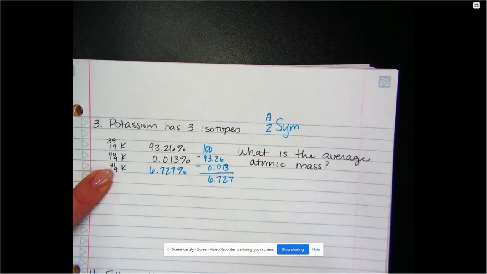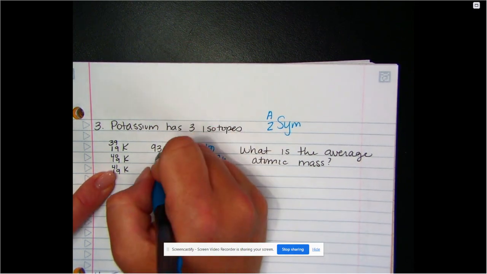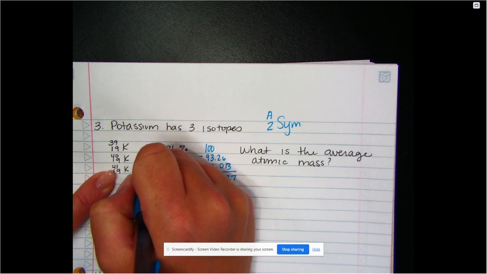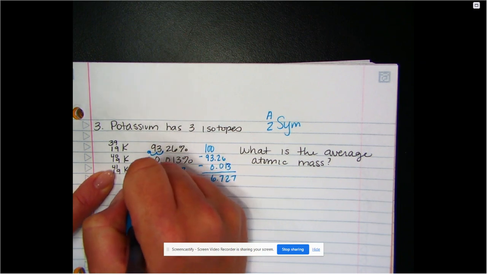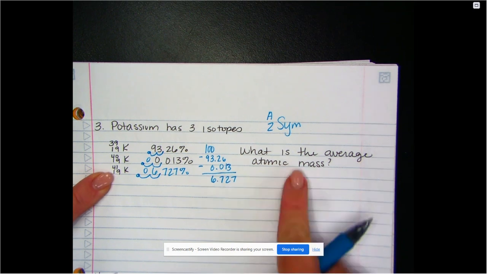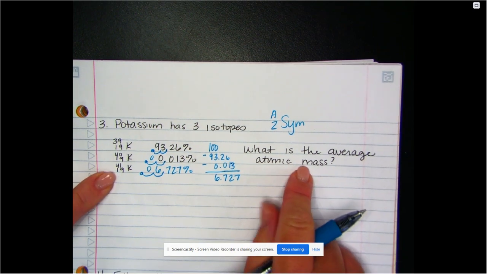Okay. I'm going to move my decimal 2 places to the left for each of these. Backfill a 0 on that one. Backfill a 0 on that one. And then I'm going to go ahead and plug in and solve for my average atomic mass.